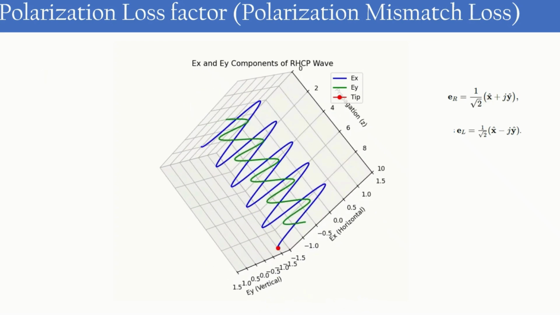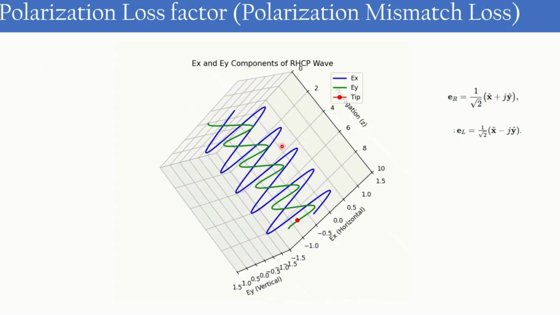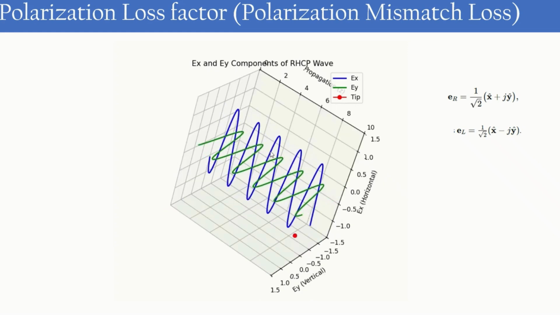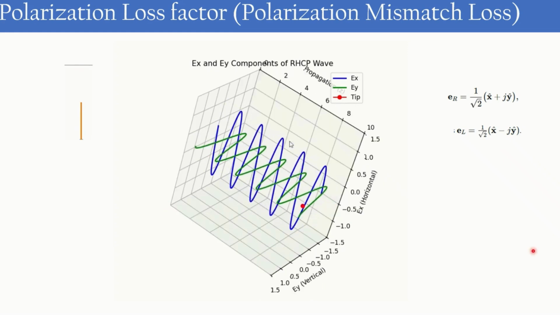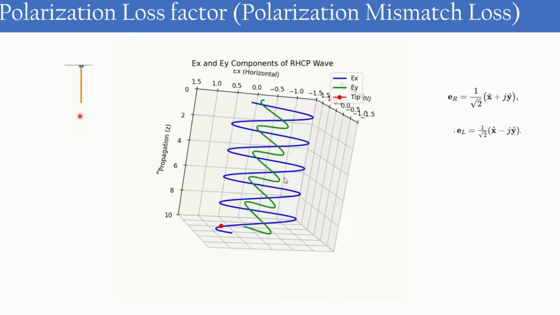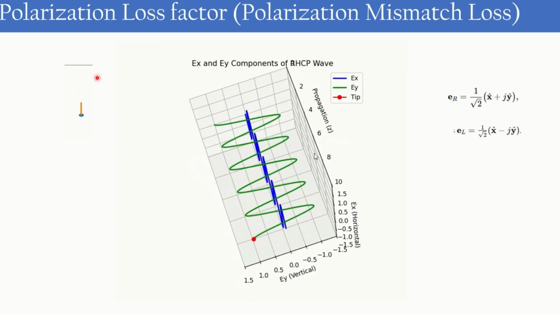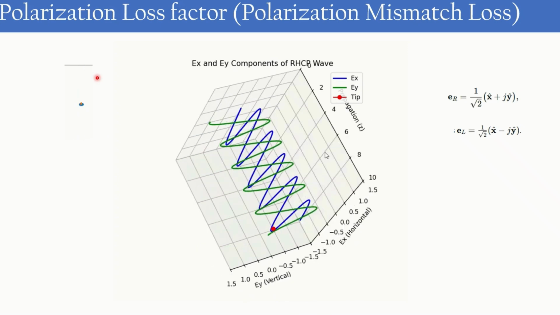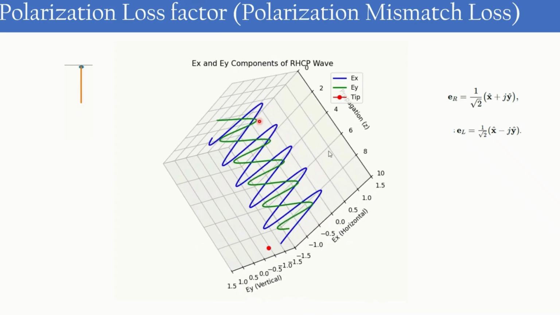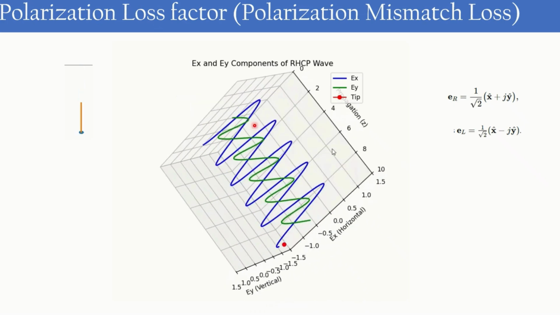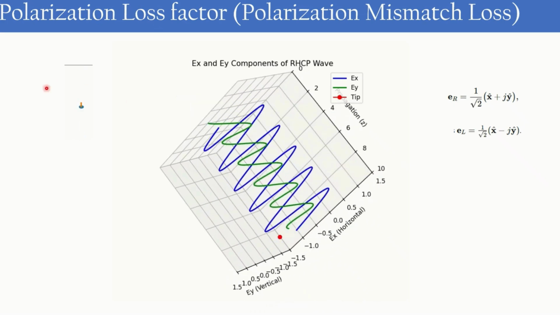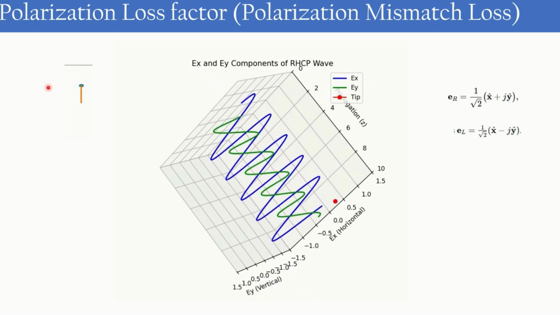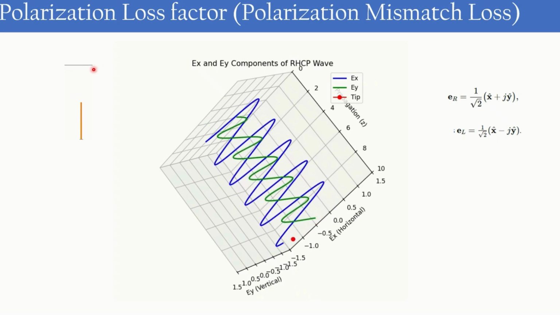If you consider that this wave is incident on the vertically polarized antenna, in the case of a vertically polarized antenna, you can see that it will have only a Y component. So as the RHCP has both X and Y components and the vertically polarized antenna has only a Y component, it will receive the Y component of the received signal, but it will not receive the X component.